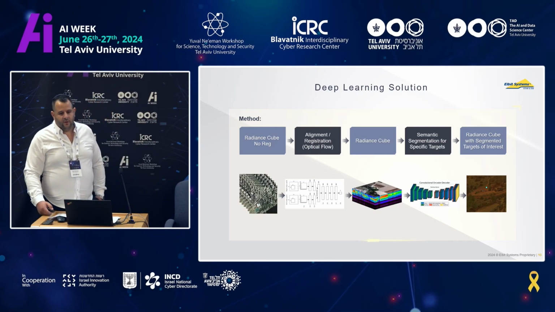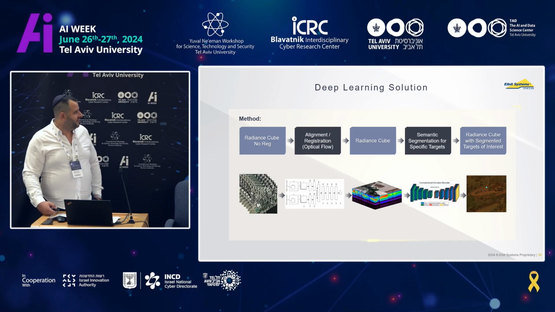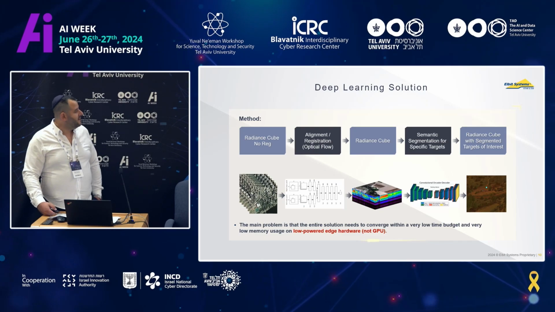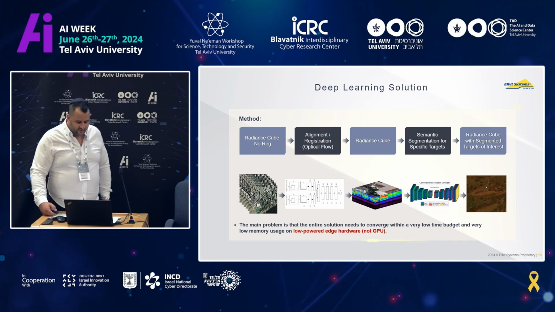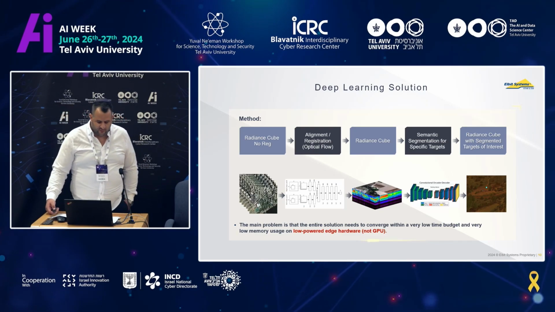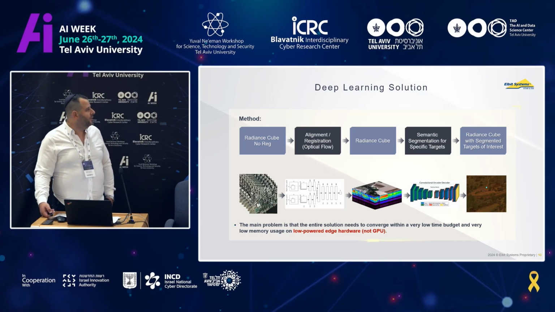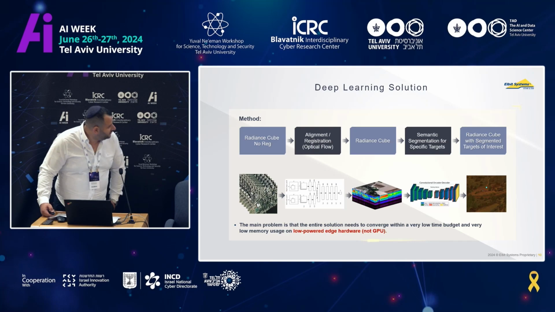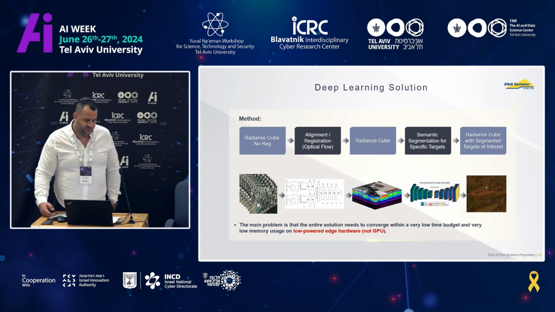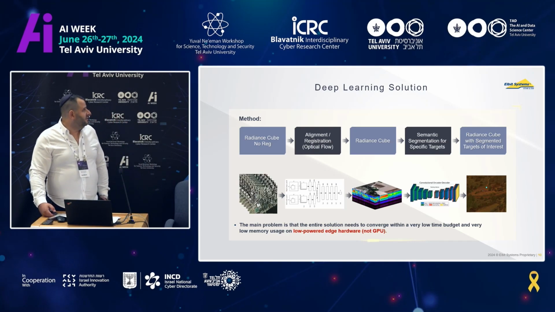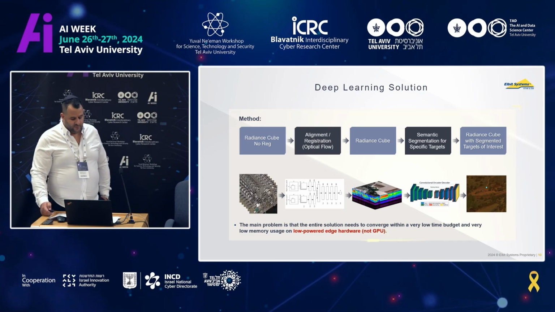And finally, we will concentrate on the radiance cube with the segmented targets of interest. The main problem is that this entire solution needs to converge and run on a low budget, with very low memory usage, on low-powered edge hardware that is not a GPU.